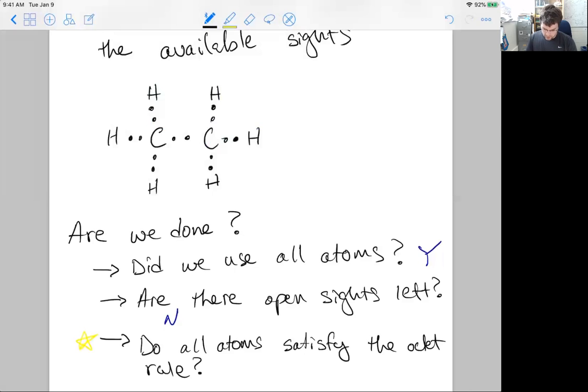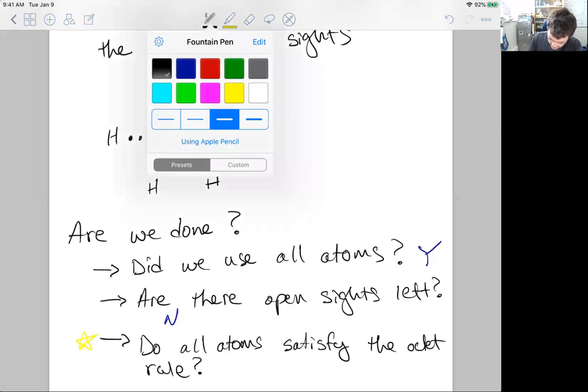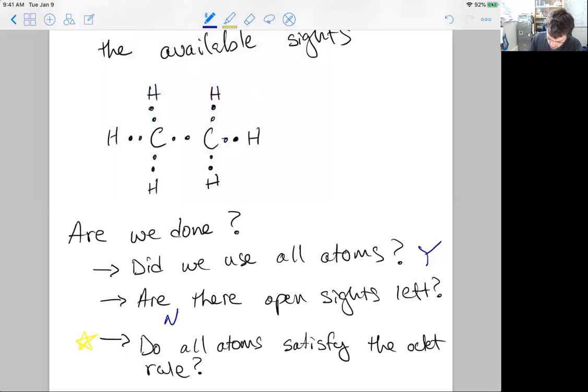Okay, so for all atoms to satisfy the octet rule, we would have to have 2 electrons around the hydrogen atoms, or 8 electrons around the carbon atoms. Now, if you look and count, each of those 2 carbon atoms does have 8 electrons, and each of the hydrogen atoms is forming a 2-electron bridge to another carbon atom. So it has 2 electrons matching the electron configuration of helium. So all of the atoms satisfy the octet rule.